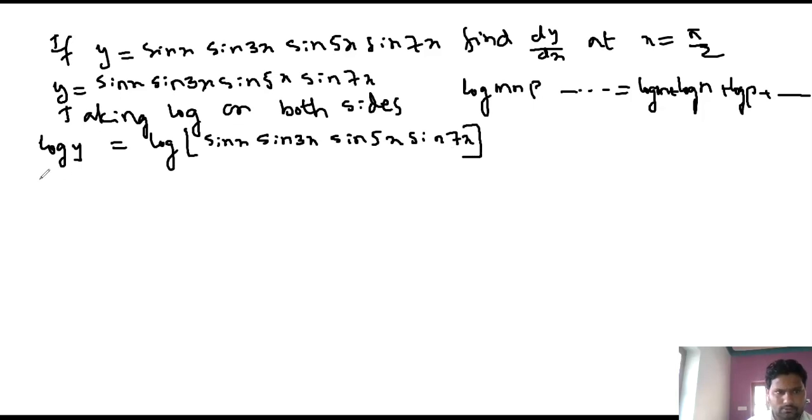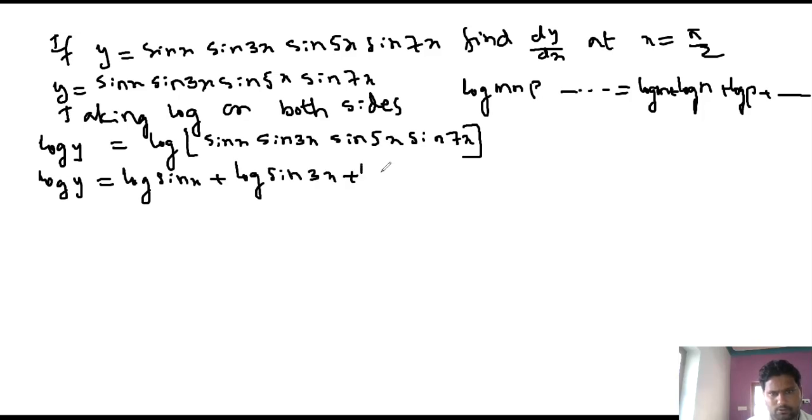The product converts to a sum: log sin x plus log sin 3x plus log sin 5x plus log sin 7x.